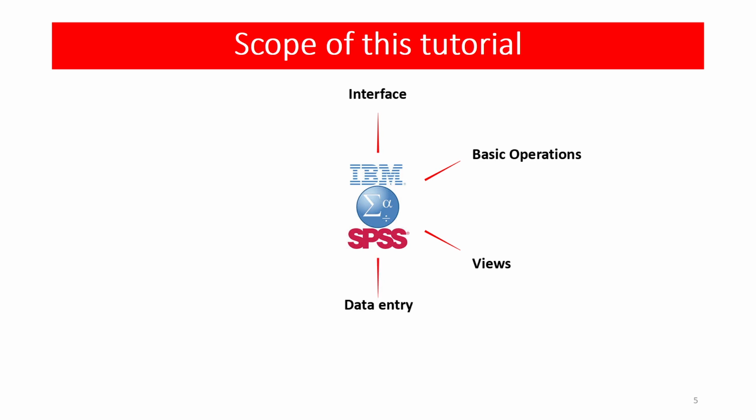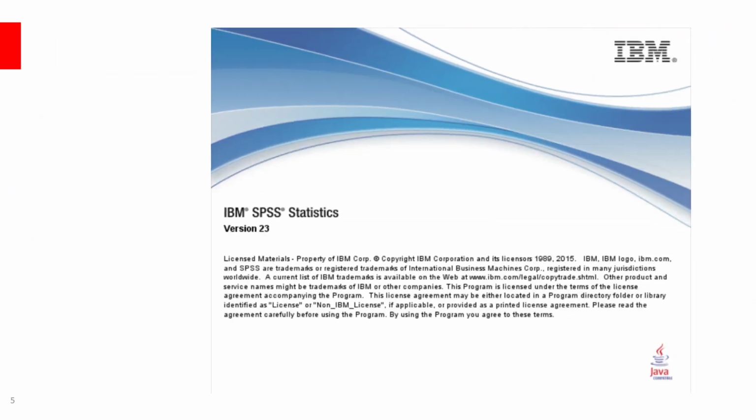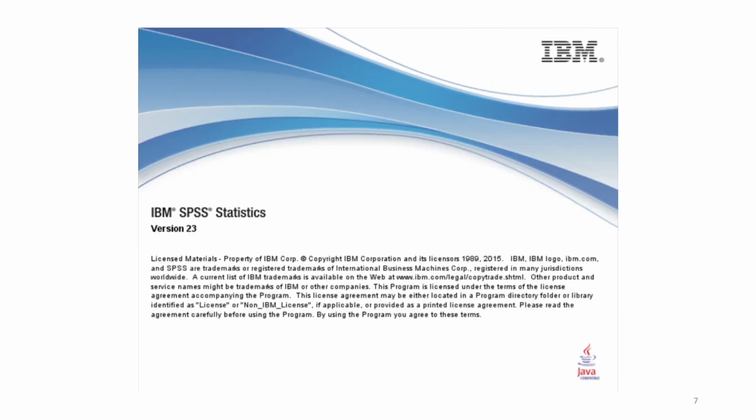Then we're going to also do basic data entry, how to enter data and how to present your information to SPSS in such a way that it will be able to handle your analysis. We'll also do a basic statistical analysis, and then we'll also see the SPSS output window. So let's get all of this out of the way and get into SPSS itself.